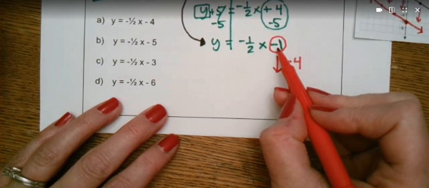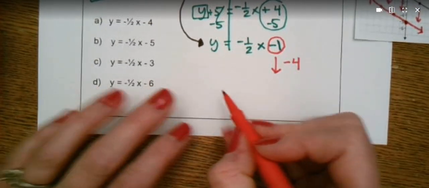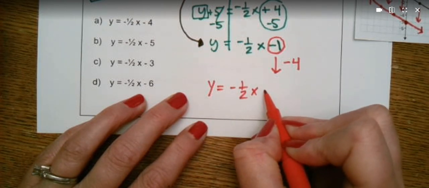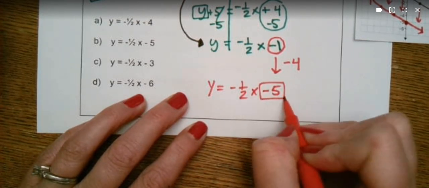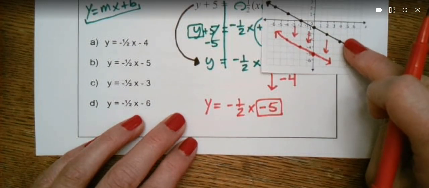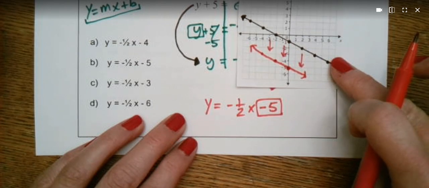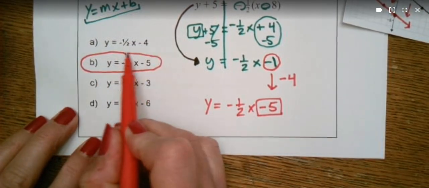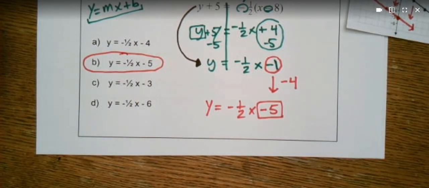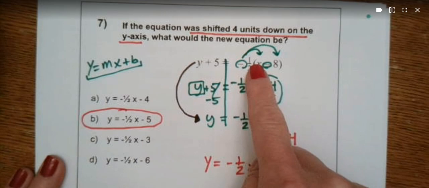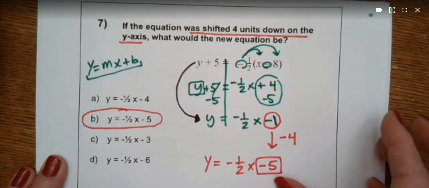Because if I have -1 and I go down 4 units, I'm going to have the same slope, but an intercept of -5 now because of that shift. And you can see that really nicely here in that graph. Okay. So that means that equation B would be the new equation after the shift was made. Okay, so see here we had to change forms to get the y-intercept, to get the information we needed.